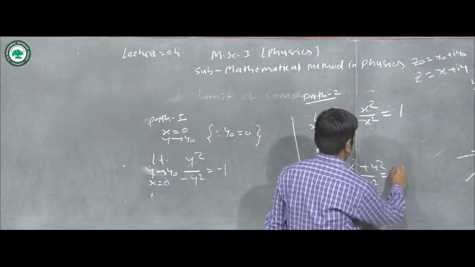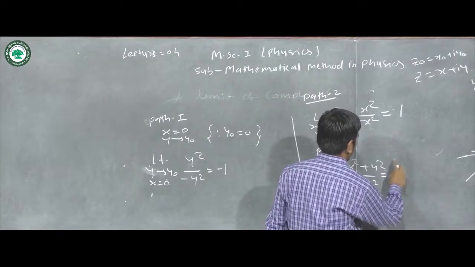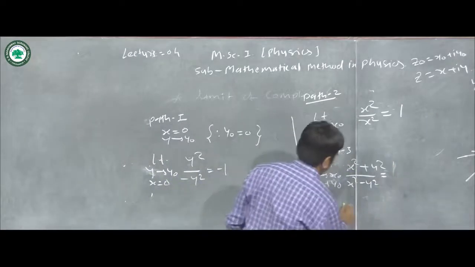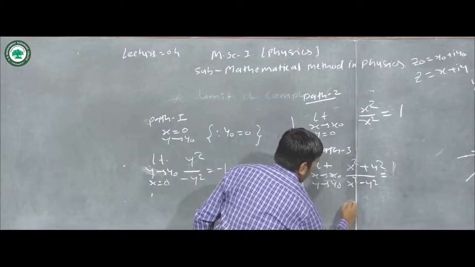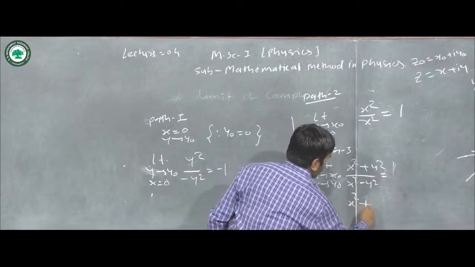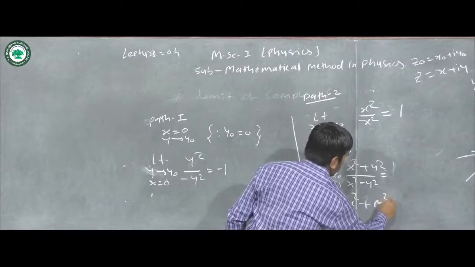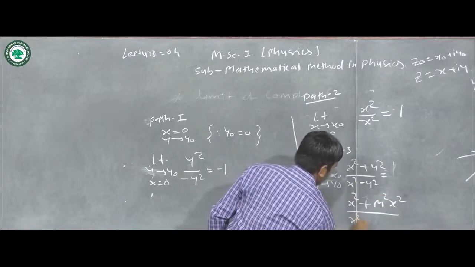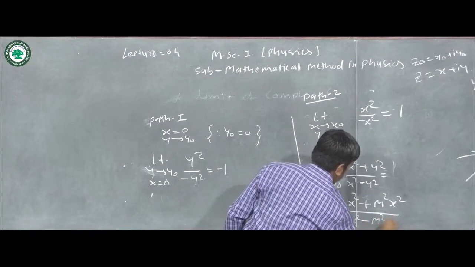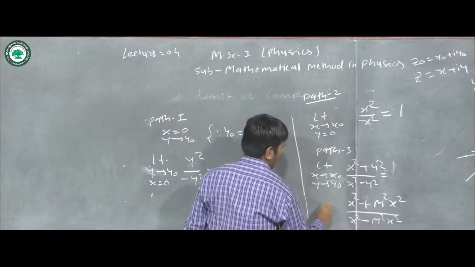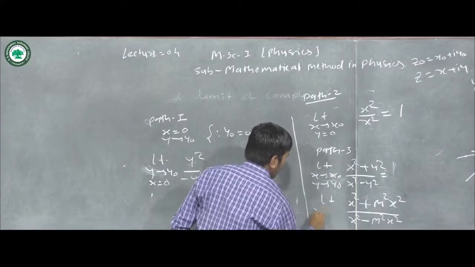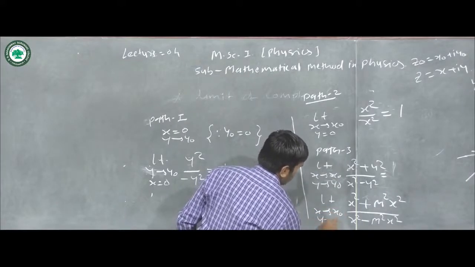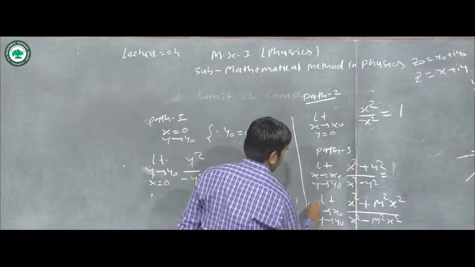So I can write x square plus m square x square divided by x square minus m square x square, as x tends to 0 and y tends to 0.